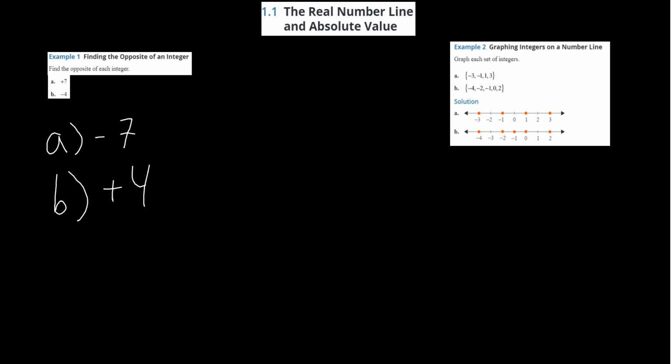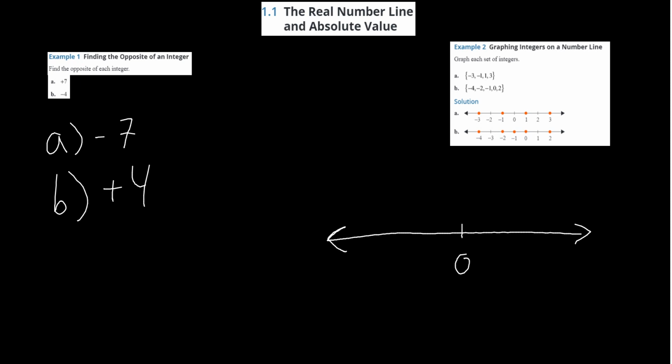Now over here, I snipped the number line just because I don't feel like drawing a number line here. So this reads graph each set of integers. What happens here is we're going to draw a number line. Let's just give a brief abbreviated drawing here. Again, as mentioned earlier, we're just going to start here at 0.